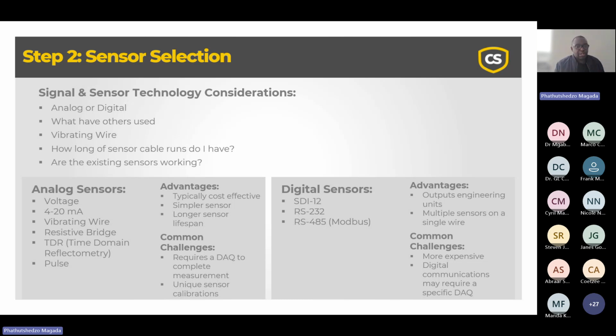Most of the time a client will approach us wanting a data acquisition system that will be connected to a piezometer, and they don't give us a cable length. Cable length is very important, because if we don't get that right, it's going to be problematic when we have to connect that into the data logger.